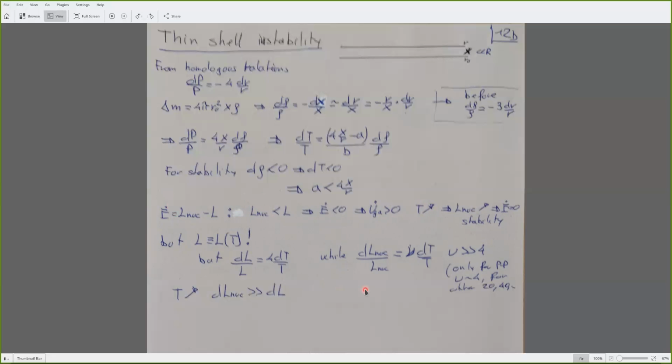This shell instability is actually a situation that we'll see. This classical, as we saw, is especially when we have strong dependence on the temperature of nuclear reactions, such as CNO or helium burning.